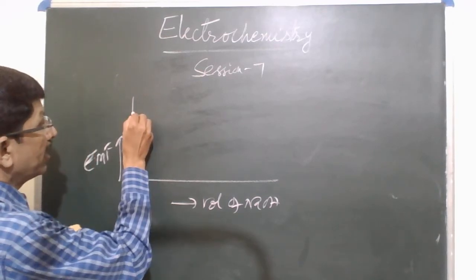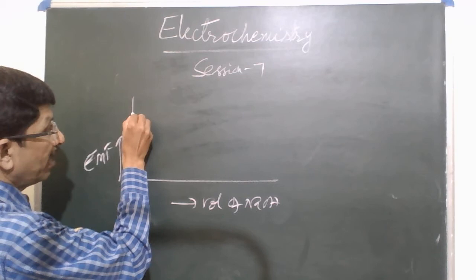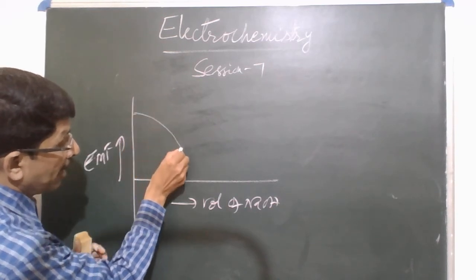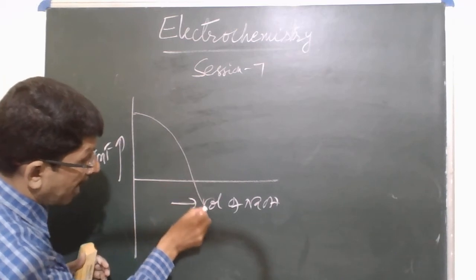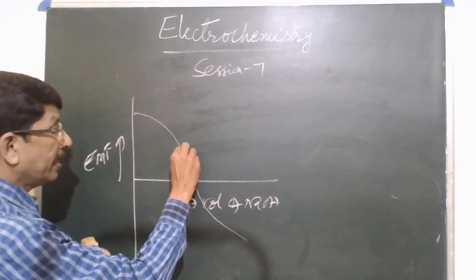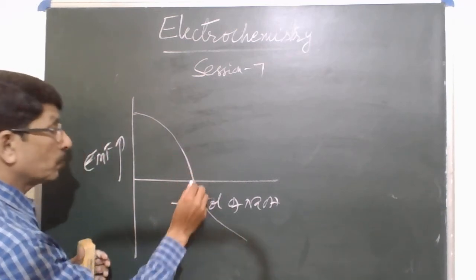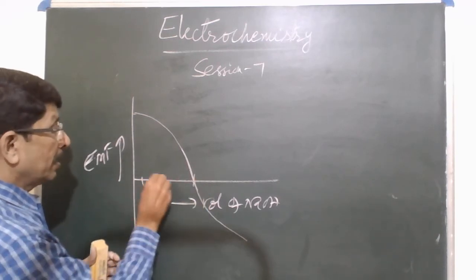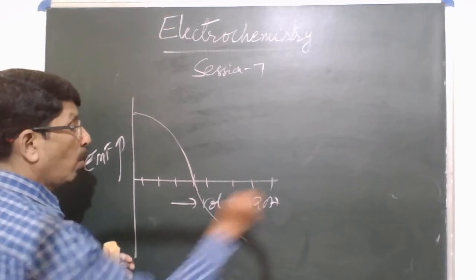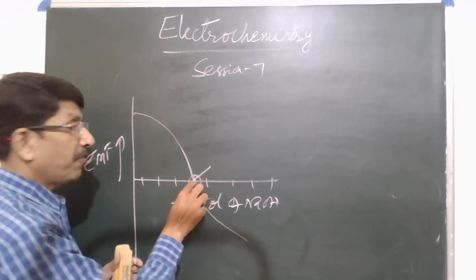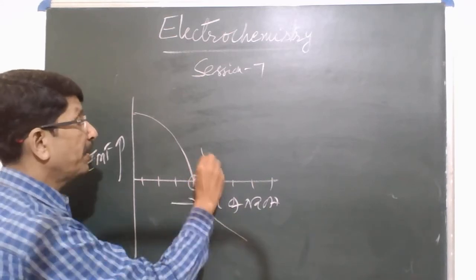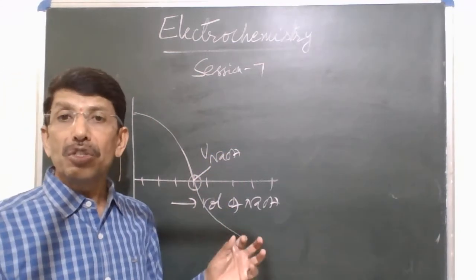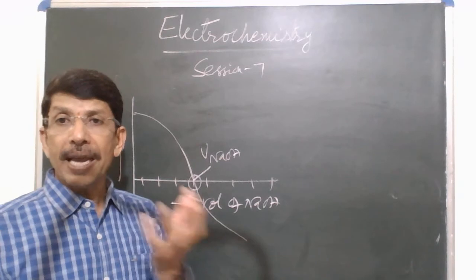So as we learned, with the quinhydrone electrode, calomel electrode system, EMF gradually decreases, and at the equivalence point it rapidly decreases. So we get a graph of this fashion. Wherever the graph cuts the x-axis, on which volume of NaOH is taken, the volume of NaOH corresponding to this point of intersection is the volume of NaOH consumed or required to neutralize.